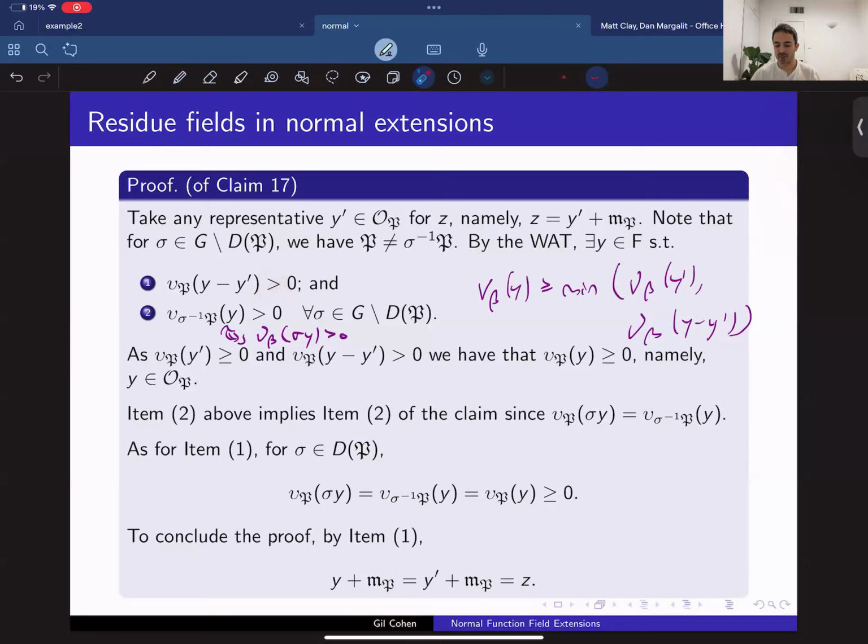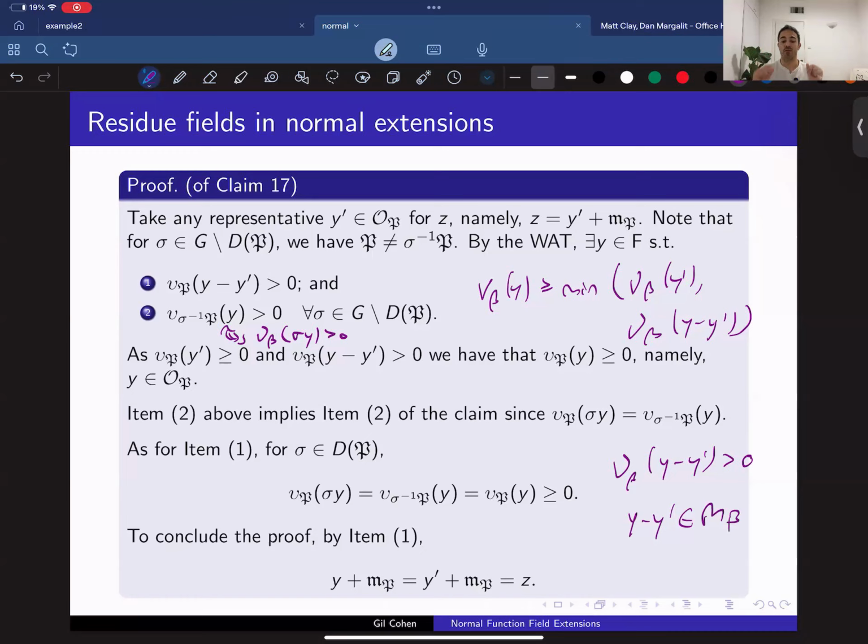But the strict inequality will finish the proof because, you know that y plus m_P is y prime plus m_P. Saying that the valuation of some function, in particular the difference between these two, is at least 0 means, in terms of places, that y minus y prime vanishes at P, it's 0 at P. But in terms of valuation rings and the corresponding ideal, it means that y minus y prime is in m_P.